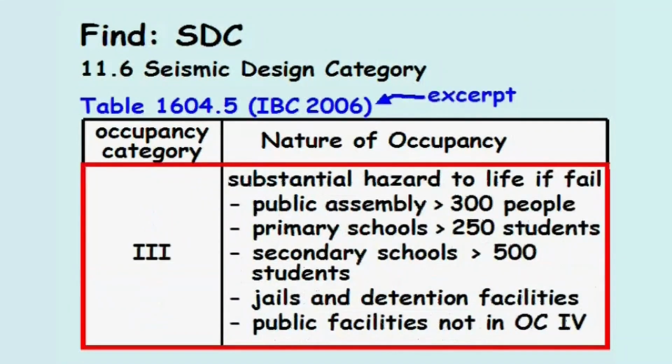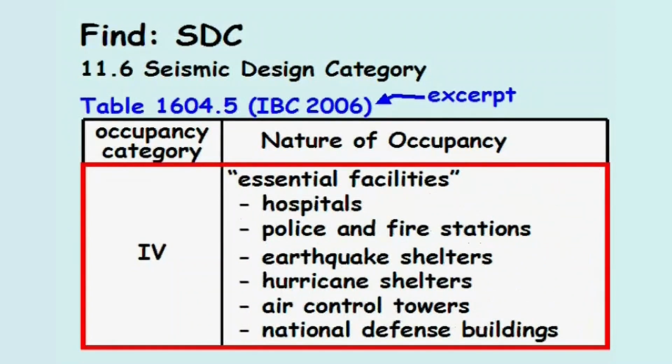Occupancy category type 3 includes all buildings which pose a substantial hazard to life in the event of failure, such as assembly halls, schools, jails, and other public facilities not included in occupancy category type 4. Occupancy category type 4 includes buildings and other structures designated as essential facilities, such as hospitals with surgery and emergency treatment, police and fire stations, and disaster shelters, and so on.